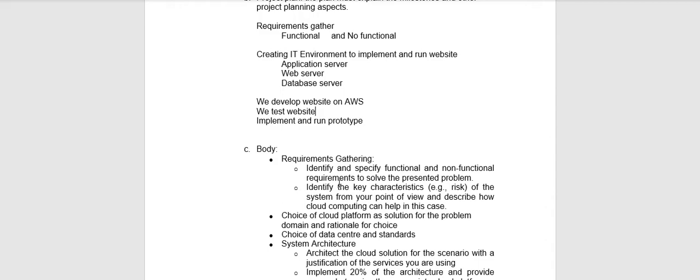Next, identify the key characteristics, for example the risk of the system, from your point of view, and describe how cloud computing can help in this case. While completing this task, don't consider using cloud computing. Just assume what kind of issues will happen when we physically implement IT infrastructure.